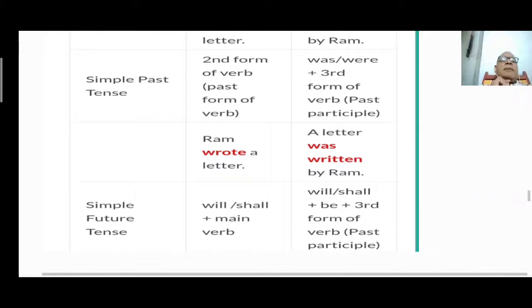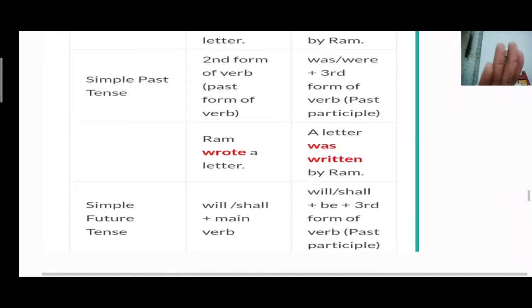In the same example, Rama will write a letter. Here, will and shall do not indicate singular or plural; it only depends on the subject case. For all the first persons, use shall. For second and third persons, use will.